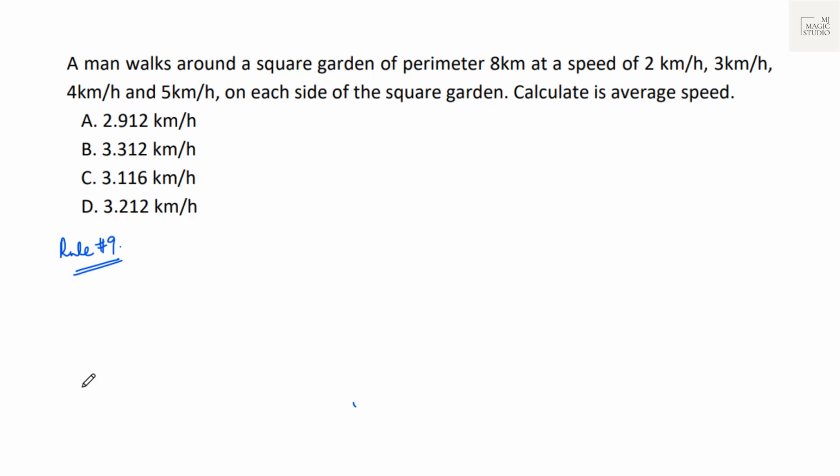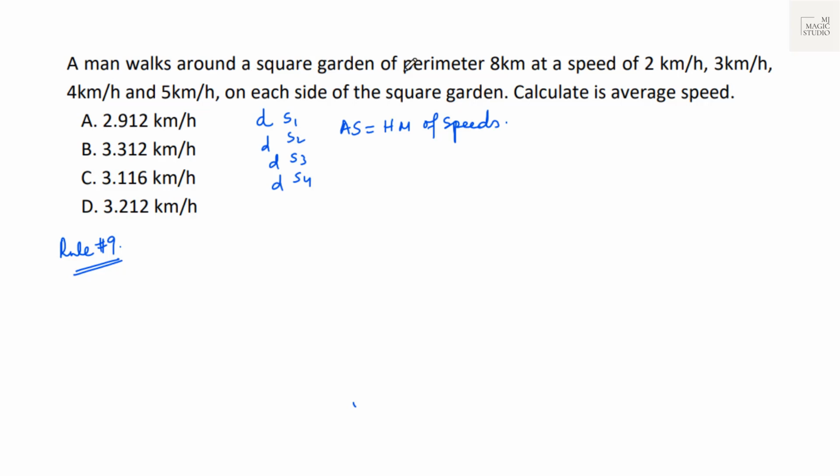The issue is we need to find the average speed, and if we are traveling the same distance with varying speeds, then average speed is the harmonic mean of speeds.